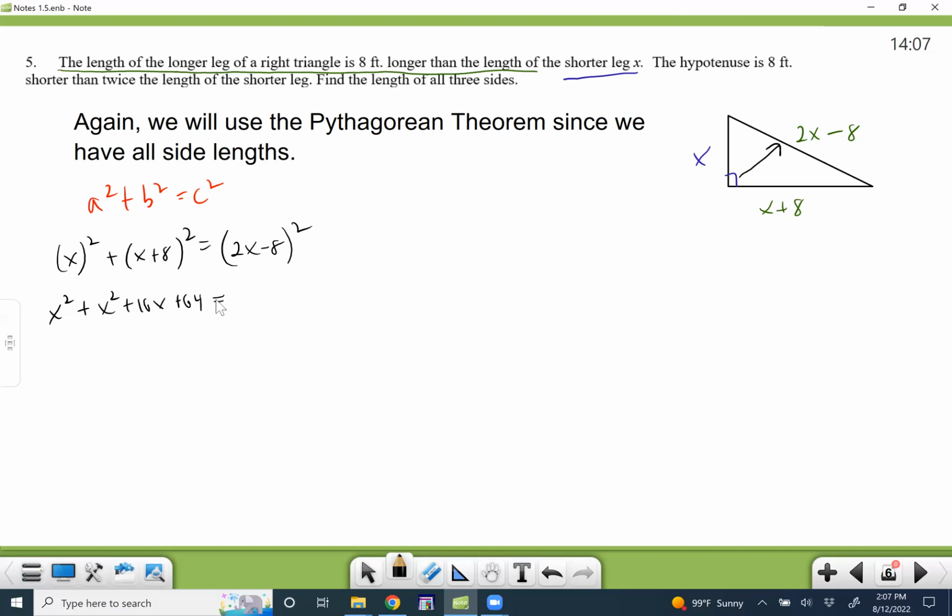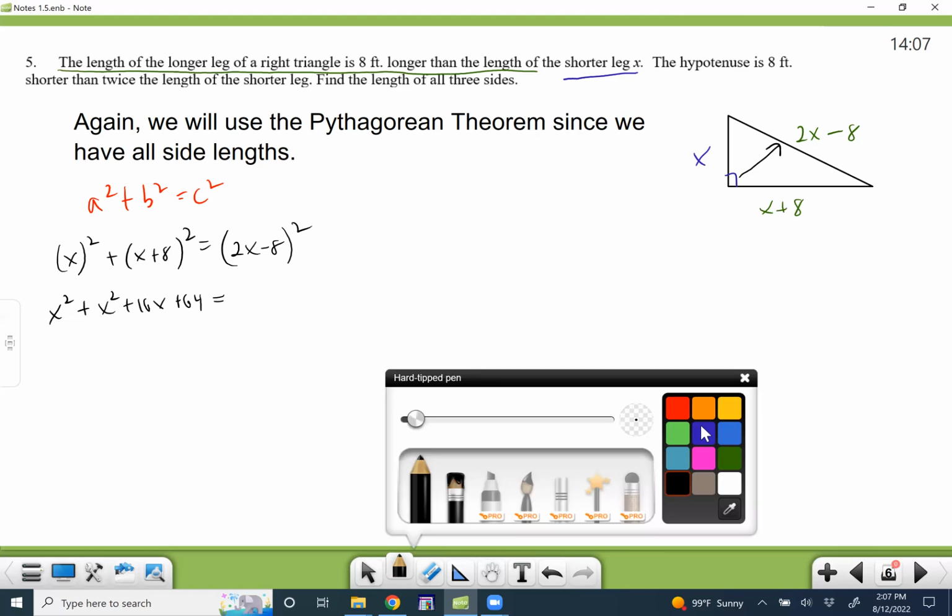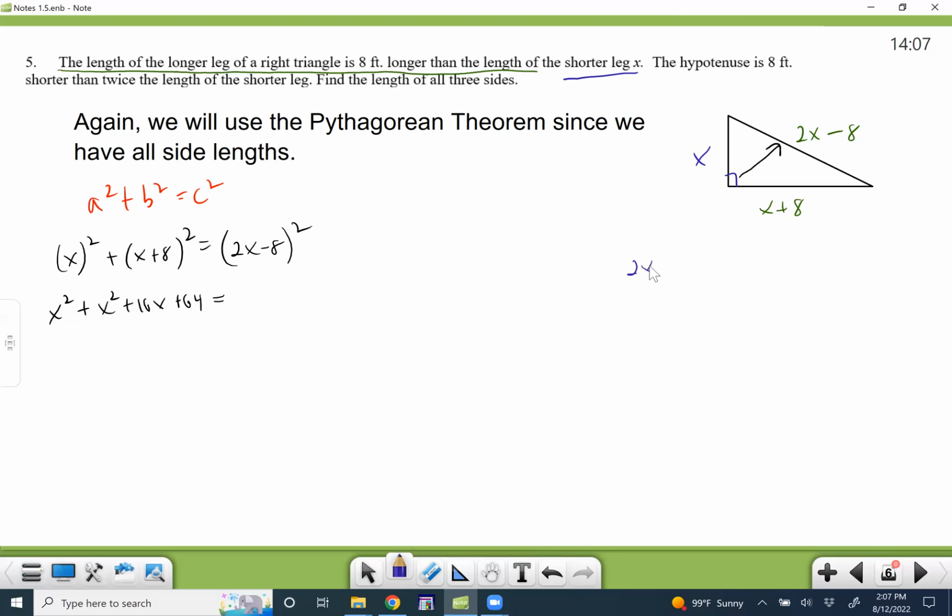If I take 2x minus 8 times 2x minus 8, this one's kind of complicated, so maybe I'll do it off to the side just to make sure you're all with me. Let's see here, we're going to get 4x squared minus 16, minus 16, plus 64.